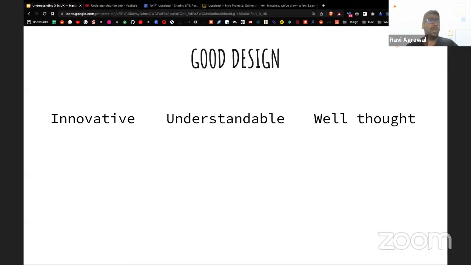Good design is well thought out. A very good example of this is MacBook Air. When MacBook Air was launched for the first time, there was a lot of backlash for removing the CD drive altogether because it was a standard. But Apple really empathized with every single user who was buying MacBook Airs at that point in time.